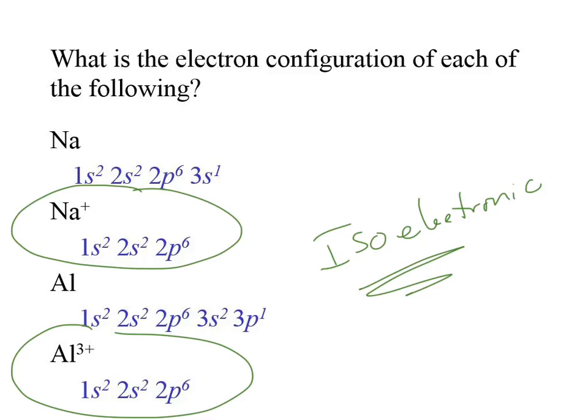Do you see where both the Na+1 and the Al+3 have the same set of electrons, configured the same way? And they're isoelectronic with, guess what? Neon, which is also 1s2, 2s2, 2p6. So all 3 of those would be isoelectronic with each other.